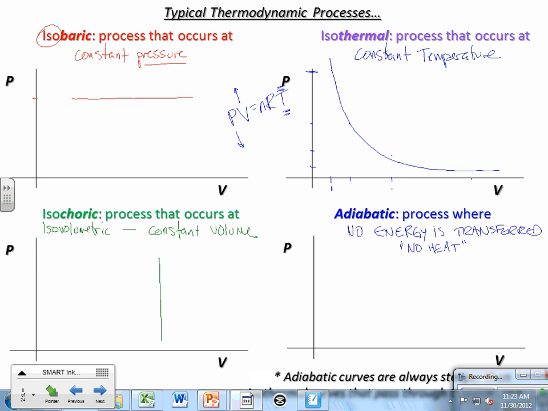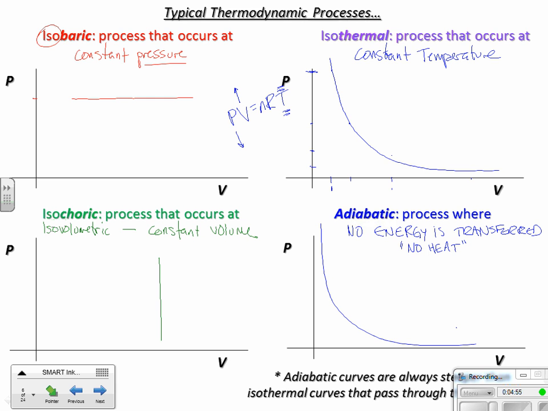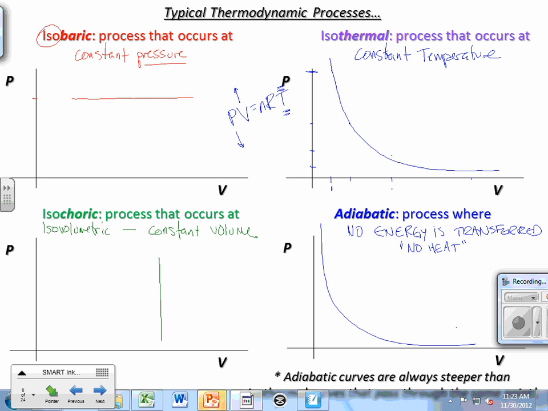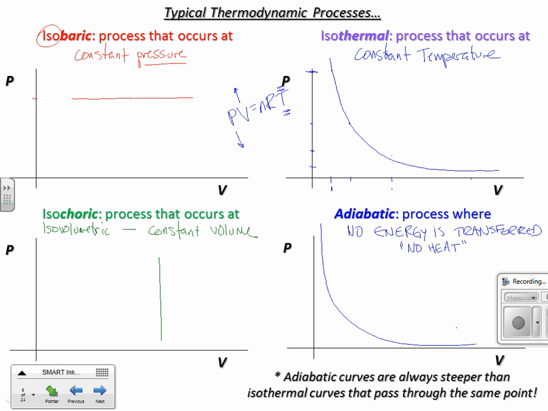Heat is that process by which energy is transferred. The tricky thing about adiabats and the adiabatic process is they look kind of like isotherms. They're just steeper, more severe. Again, it doesn't really curve up here at the end. Adiabatic curves are always steeper than isotherms that pass through the same point.